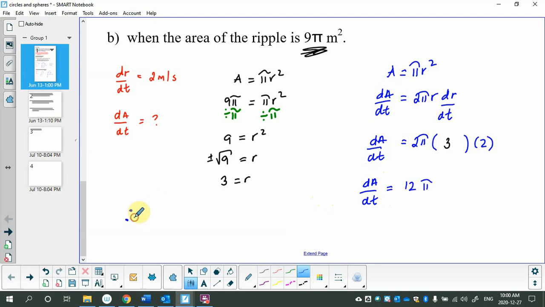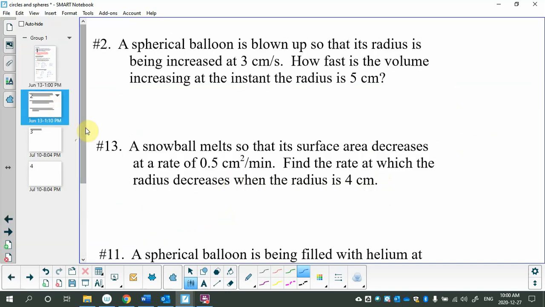So therefore, the area is growing at 12 pi, and again, meters squared per second. Area, time. Area, time. Okay, next questions.